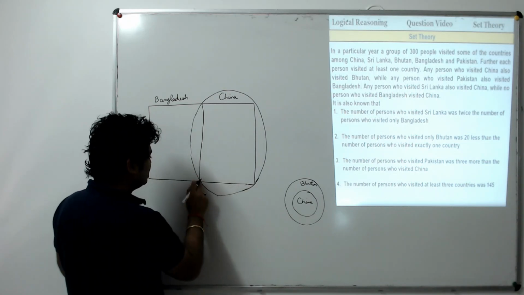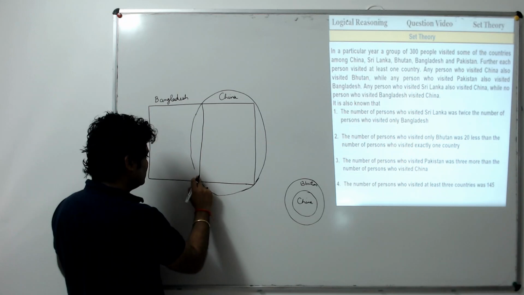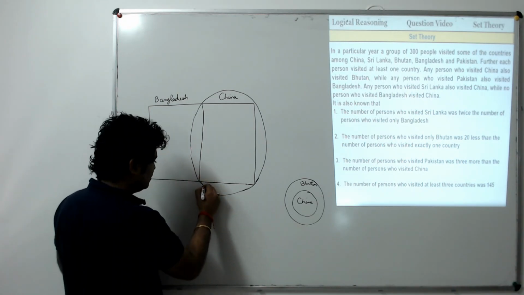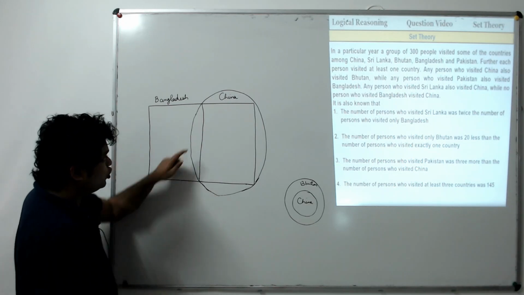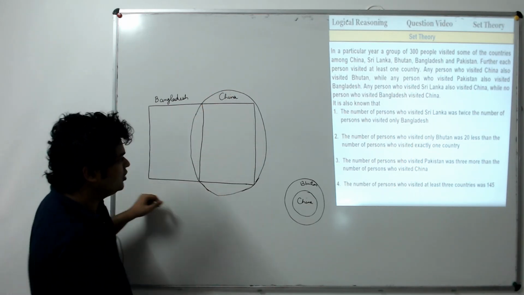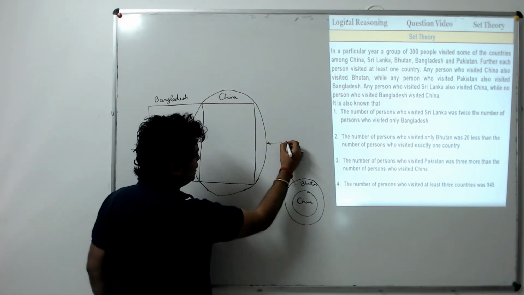Now I have the whole of China inside Bhutan. So this outer circle is Bhutan.